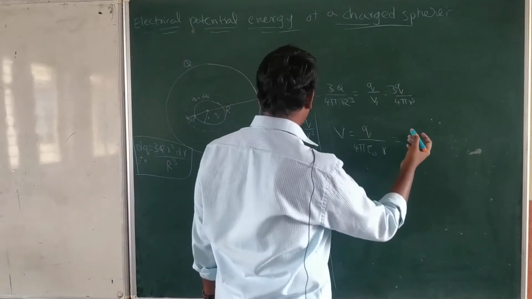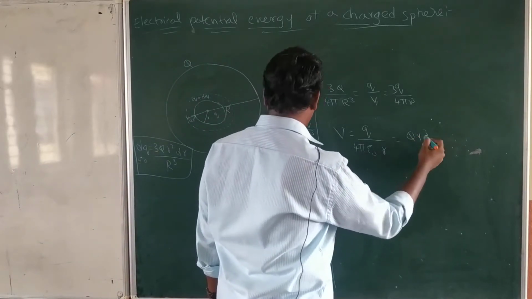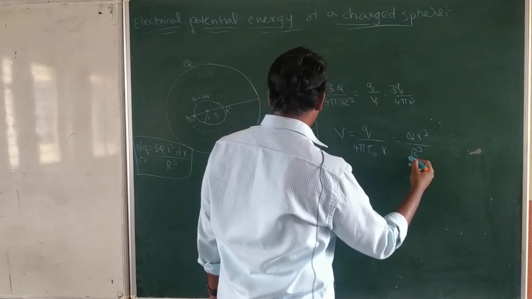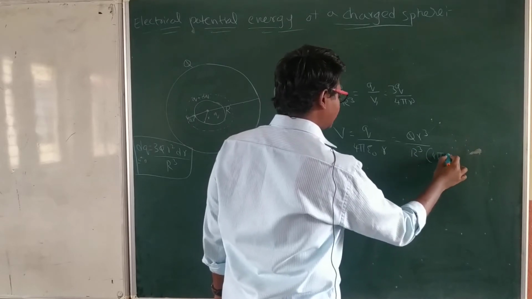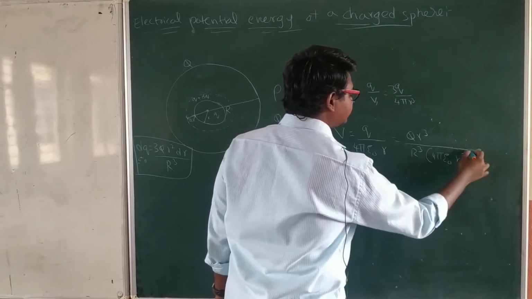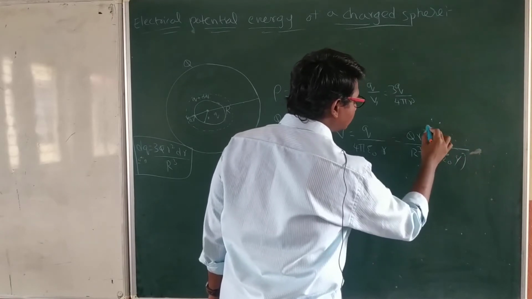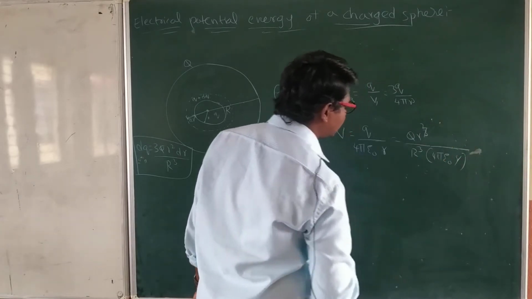Let's substitute that here. Q r³ divided by R³ into 4πε₀ into small r. Small r gets cancelled, and r² will come.